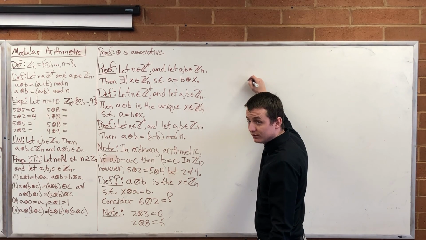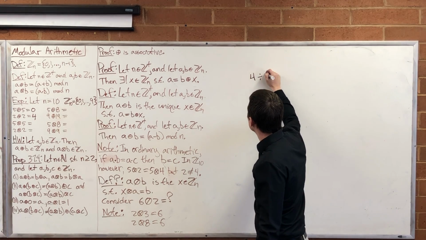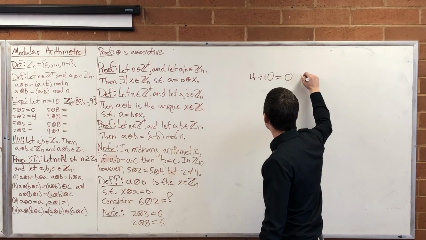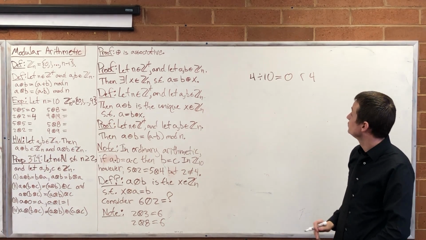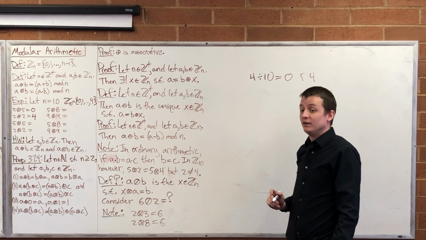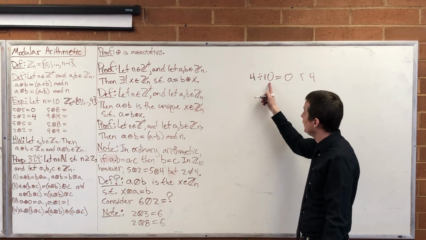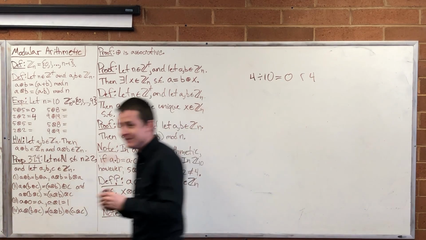What is the remainder when I do 4 divided by 10? It's equal to 0 with a remainder of 4. How many times does 10 go into 4? 0 times. You can fit 0 tens in 4. I'm thinking of it backwards.